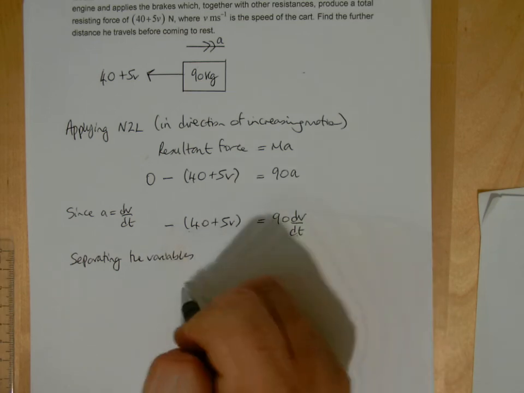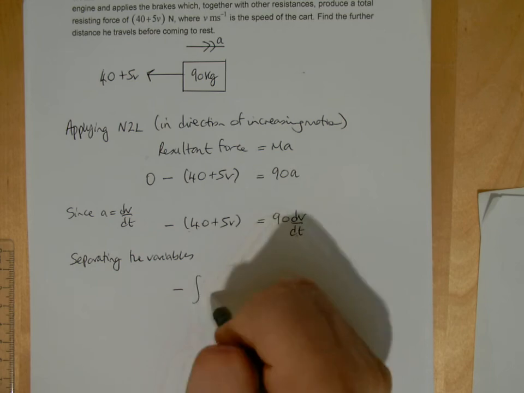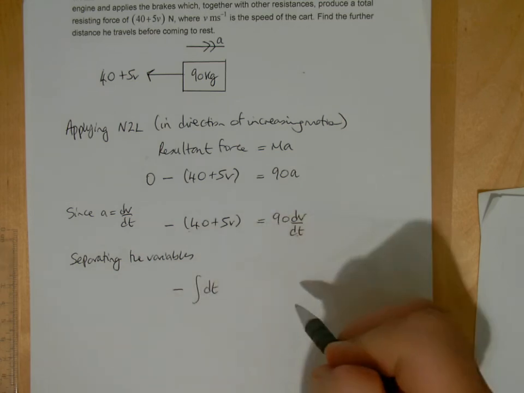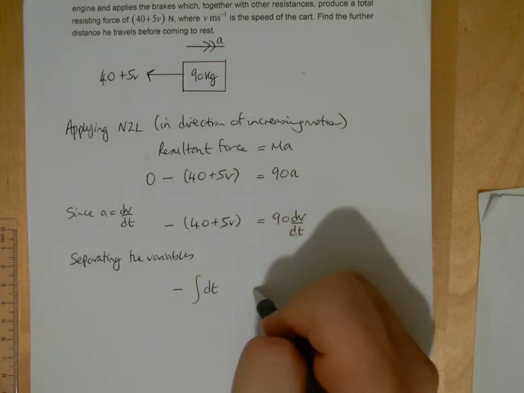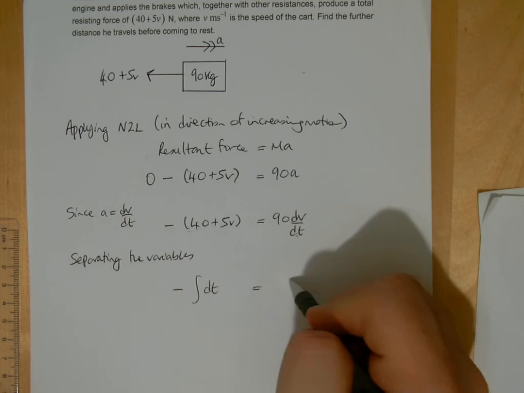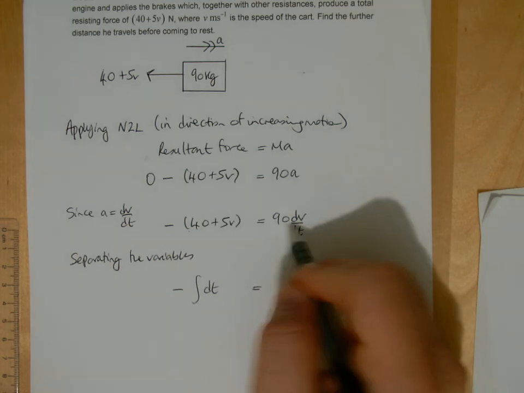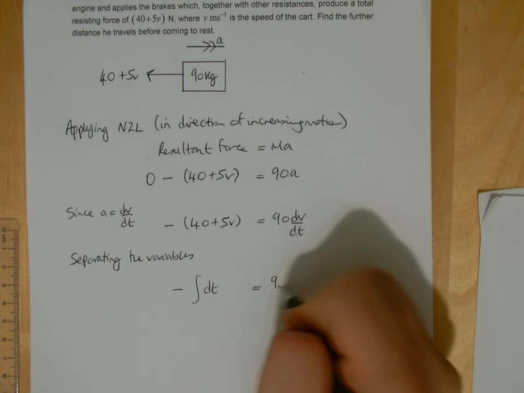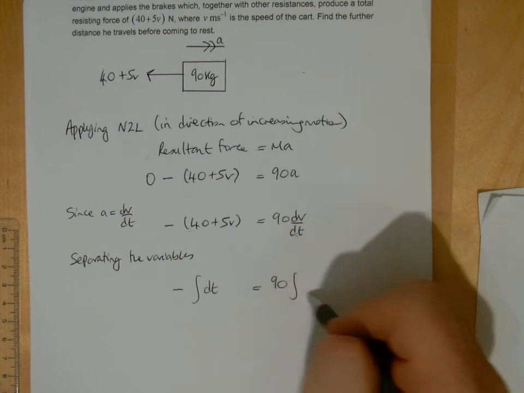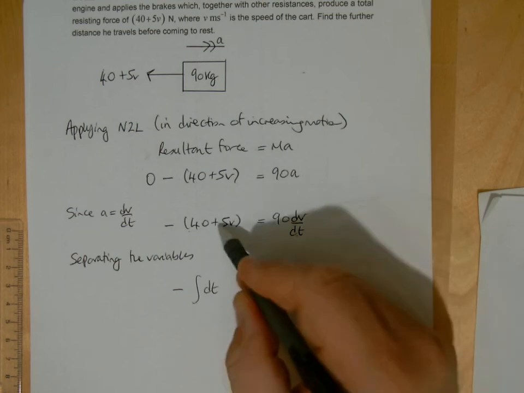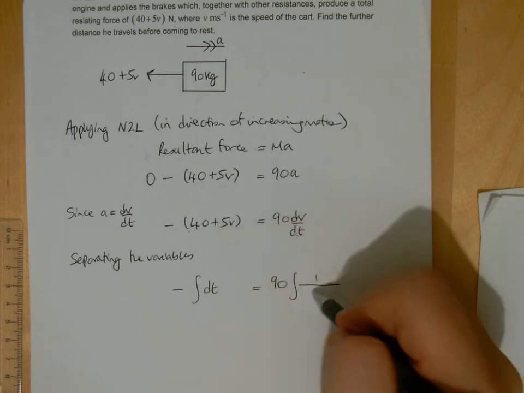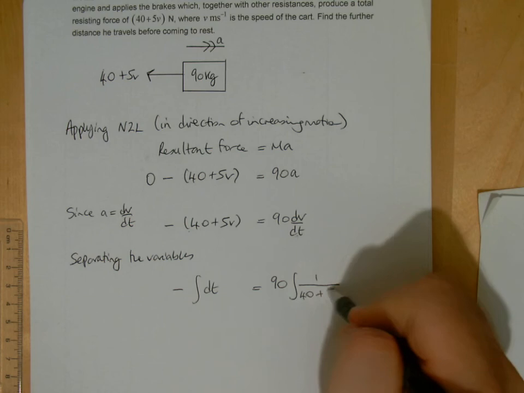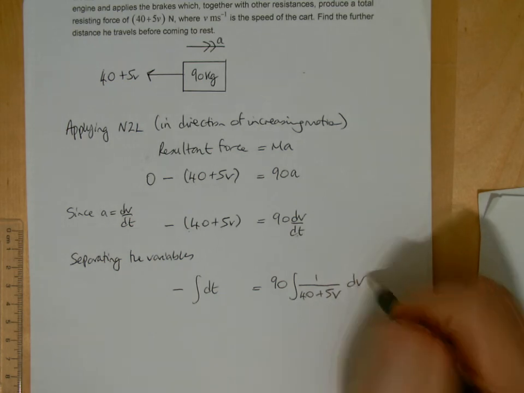So minus, put it outside the integral, because it's a constant, it's minus 1. And that will equal, on this side, we'll keep the 90 there, and again write the 90 outside the integral, because it's a constant. Then in here, because I'm taking that over and dividing, I have 1 over 40 plus 5v dv.